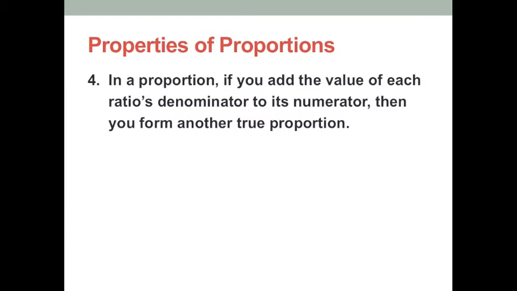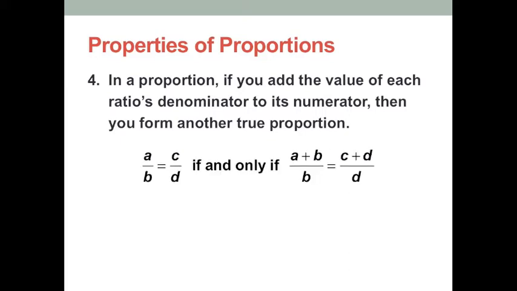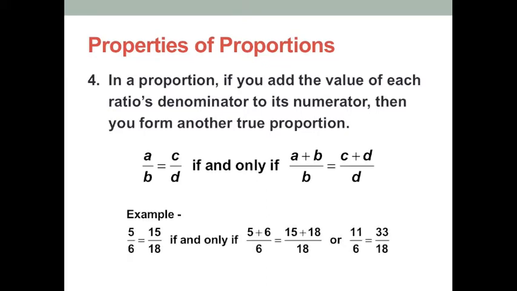The last property of proportions. In a proportion, if you add the value of each ratio's denominator to its numerator, then you form another true proportion. Again, A over B equals C over D, if and only if A plus B over B equals C plus D over D. So you can add the denominator and you'll still end up with a true proportion.